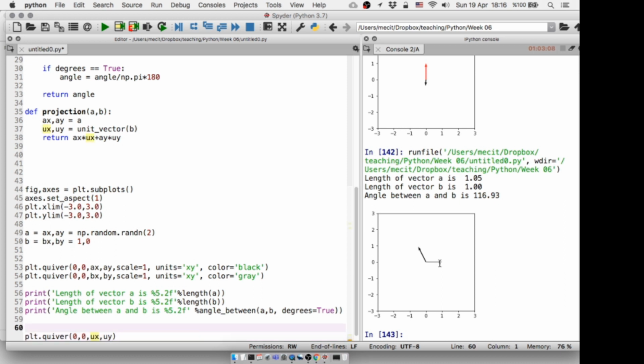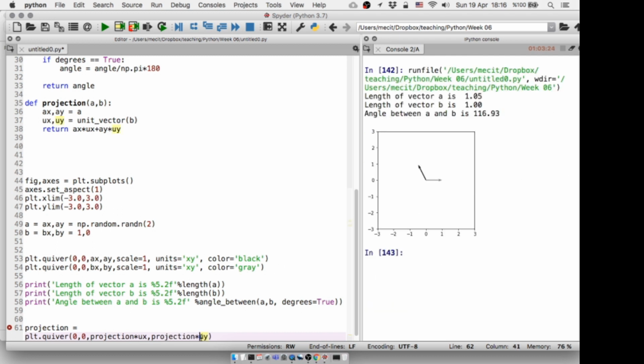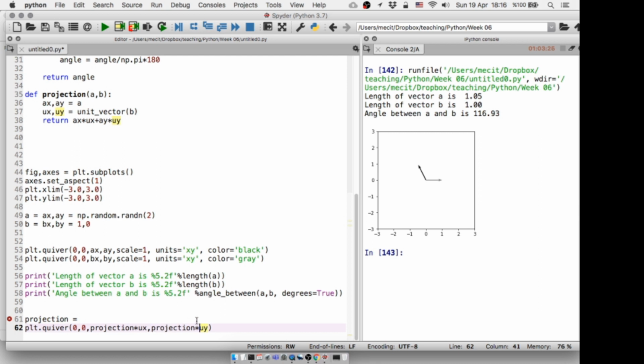So my projection will be a magnitude that scales these two vectors. Basically I have my ux and uy unit vector, and I am scaling it with the projection scalar.